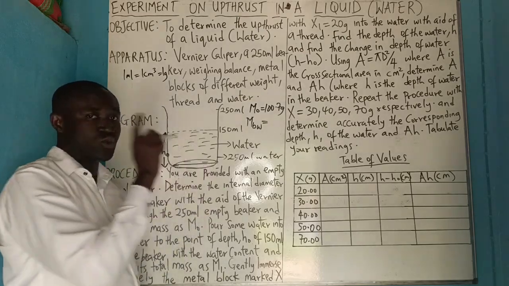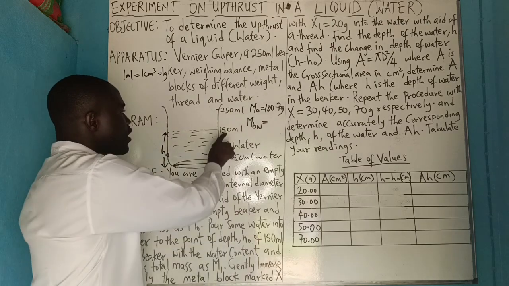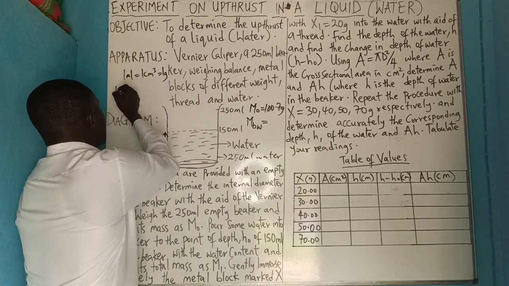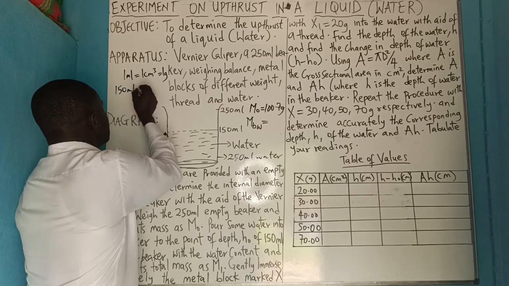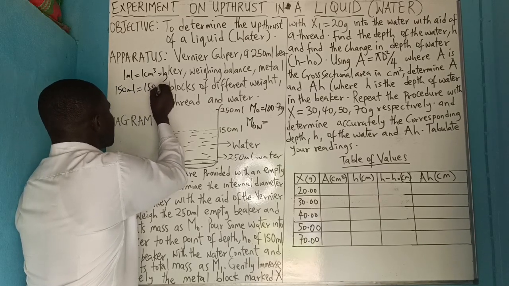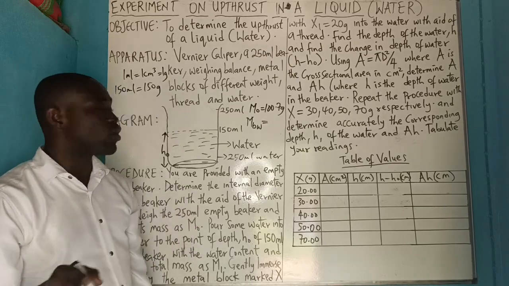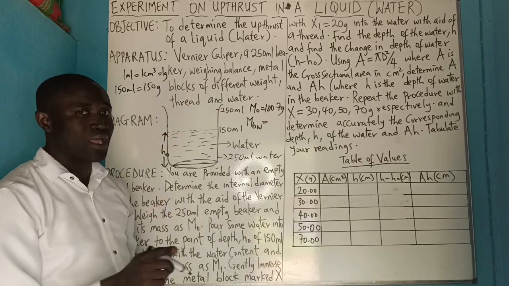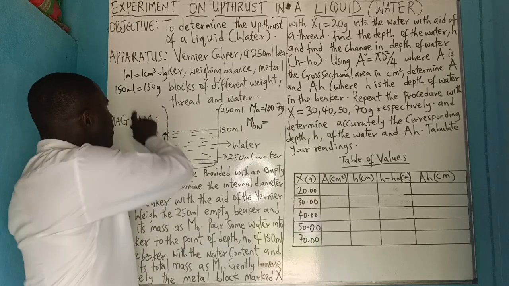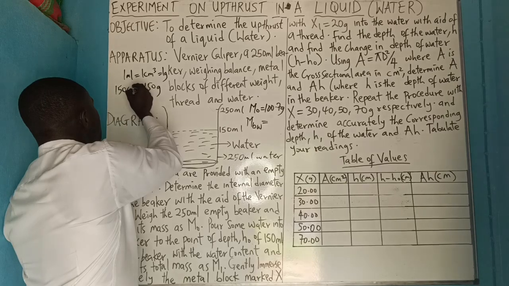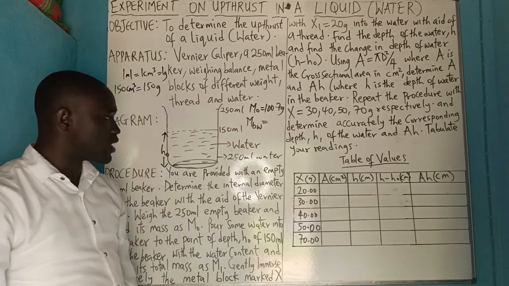Density of water is 1, volume is 150. So 1 times 150. That means this 150 ml is equivalent to 150 gram of water. From density times volume equals mass, and density of water is 1 gram per cm cube. So you multiply, it will give you 150 gram.